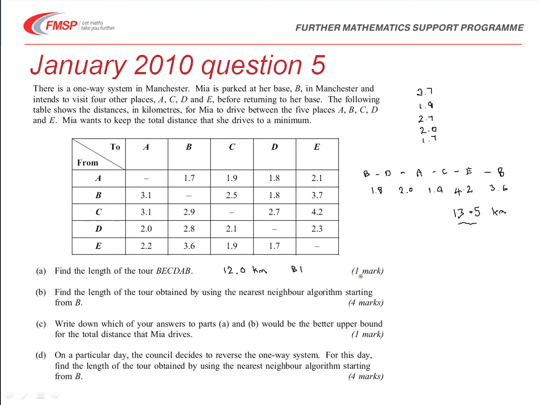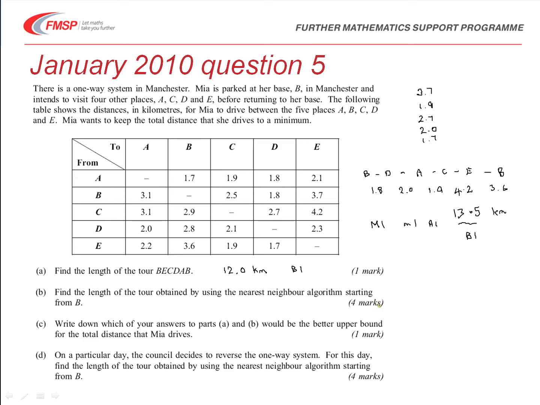So we've demonstrated that we've used the correct method. We've got a tour that starts and finishes at B and visits all the other vertices, which gives us another mark. Then we've got them all in the correct order, which gives us a mark. And then we've made a statement of the correct length of that tour, which gives us the fourth mark.